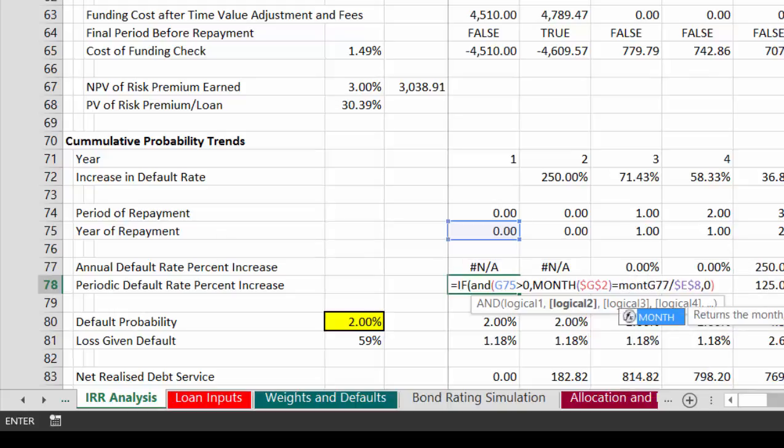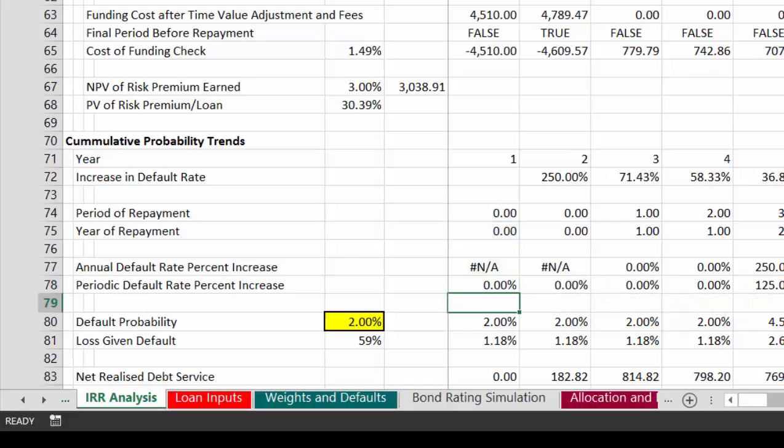Okay, so what this will do is it will only put the increase in the first of the year. Okay.